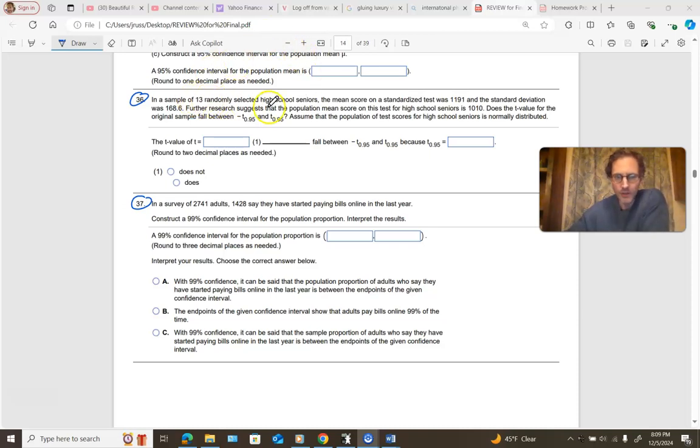It says further research suggests that the population mean score on this test for high school seniors is 1,010. Does the t-value for the original sample fall within what this means is a 95% confidence interval?